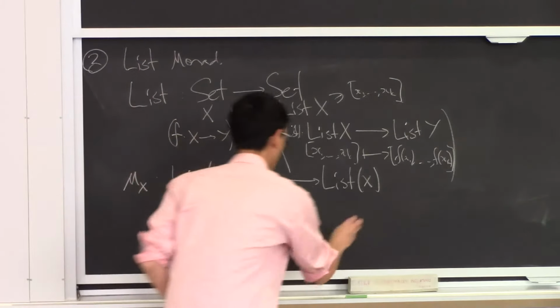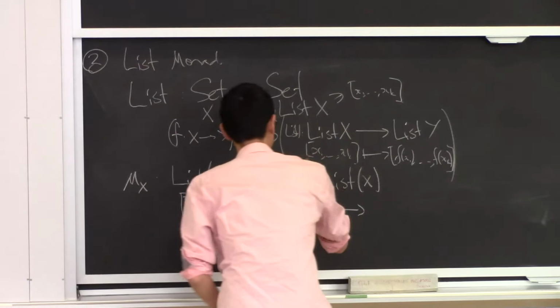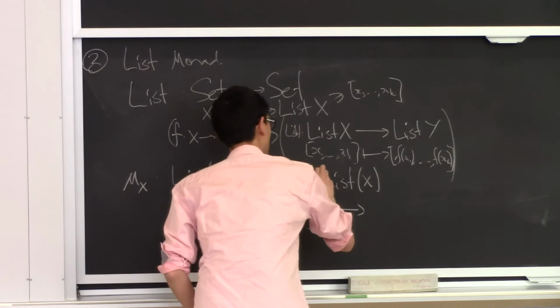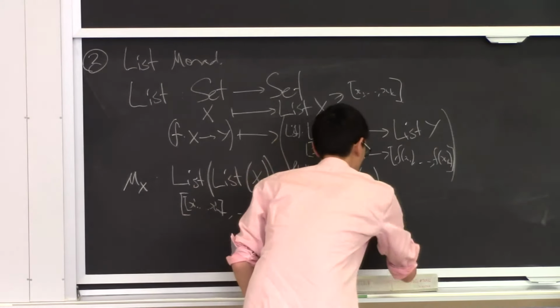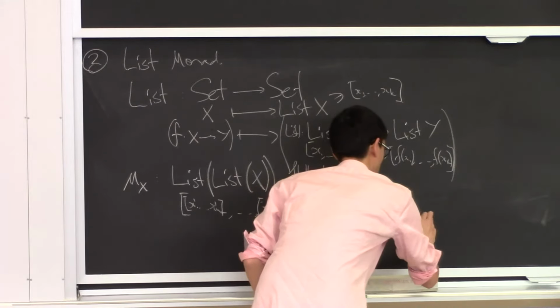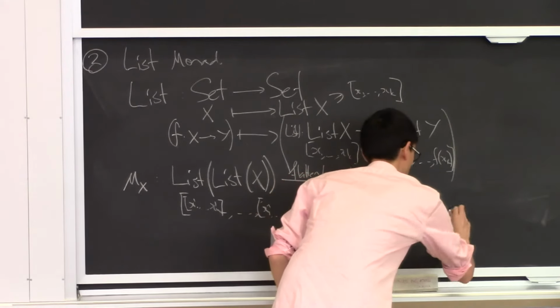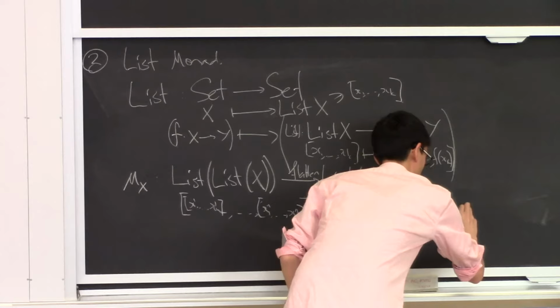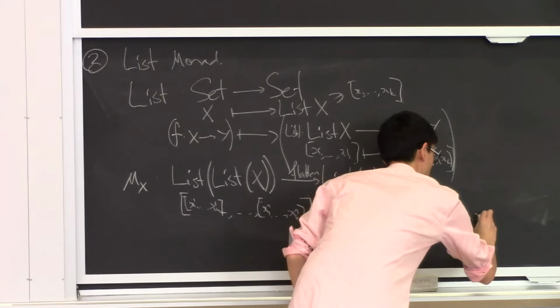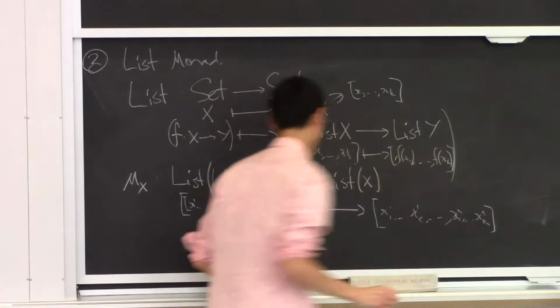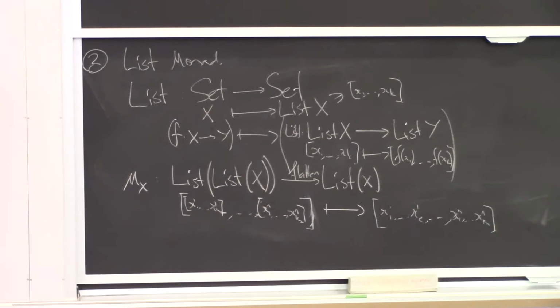We have a list of lists. We can just flatten this list out. So this function might be called flatten. And this maps to x11 to xk11, and then all the other lists, and then xn1 to xn sub n. It's just list flattening, right?